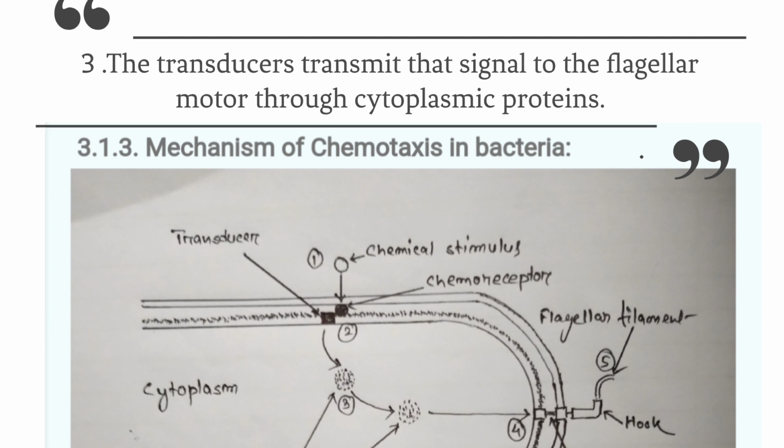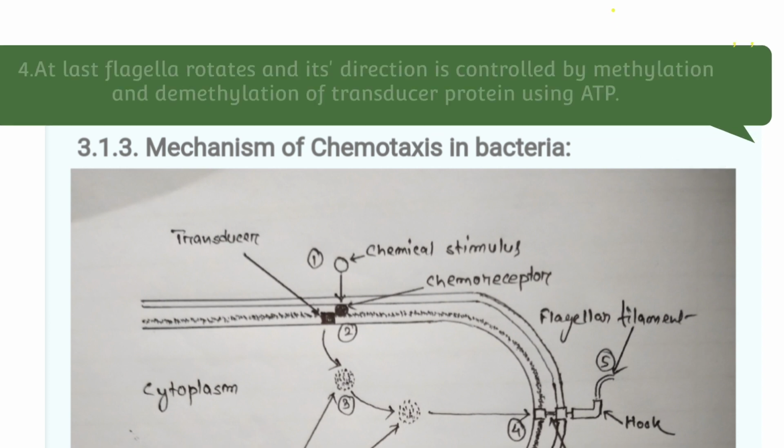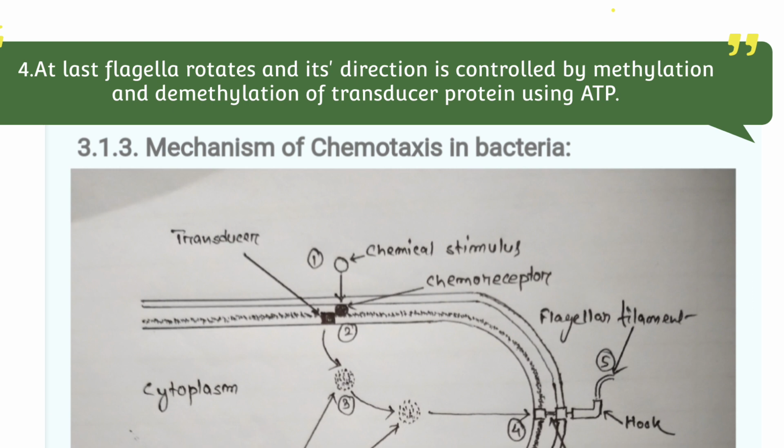And in the fourth step, the direction of rotation of the flagellar motor is controlled by methylation and demethylation of the transducer proteins. And methylation of transducer proteins activate the cytoplasmic protein by phosphorylation, that is with the expense of ATP.